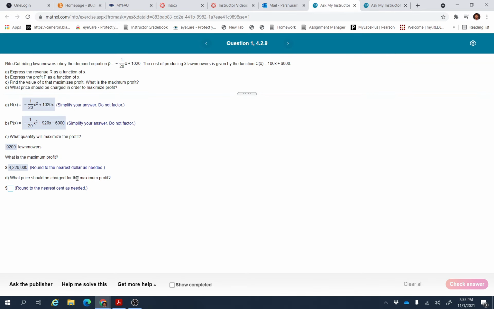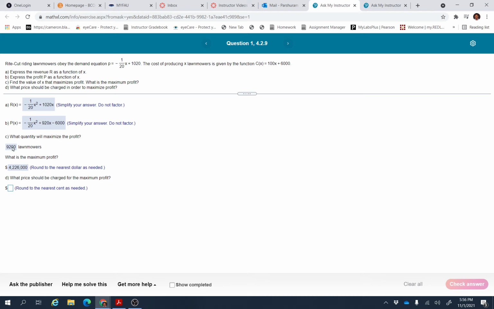What price should be charged for the maximum profit? Now, to answer this question, you have to use this first formula, price in terms of x, and you already know what x is. This x stands for the number of lawnmowers. How many lawnmowers do you have to sell to have this maximum profit?